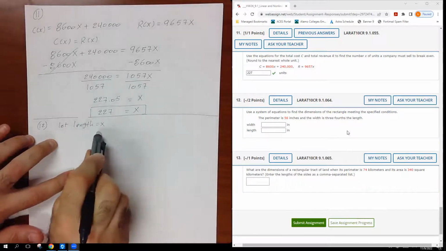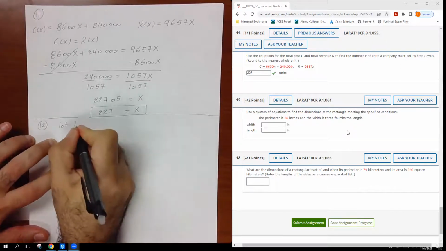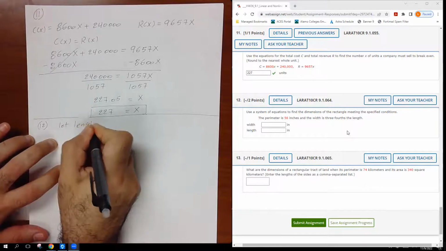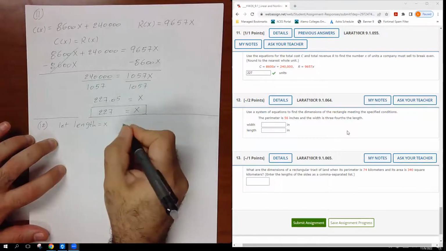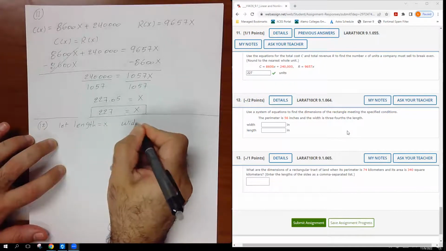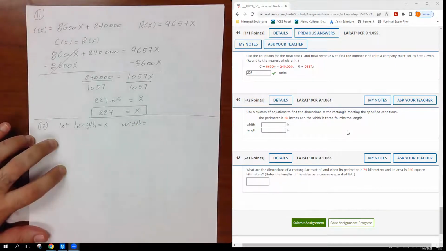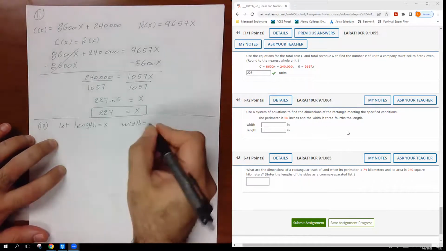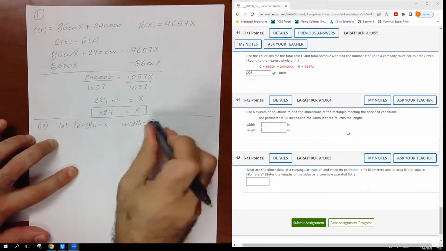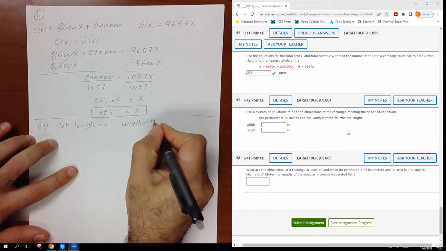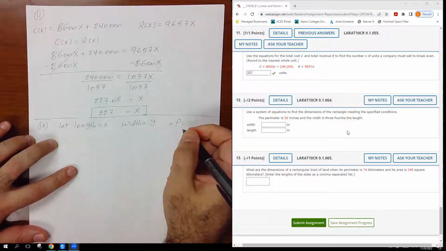You can do it x or L, it's going to be the same thing. Let's do it x. The width is 3/4 the length, the width is the y, equal y. And P as a perimeter equals 56.